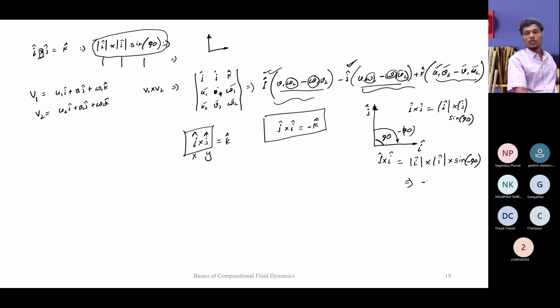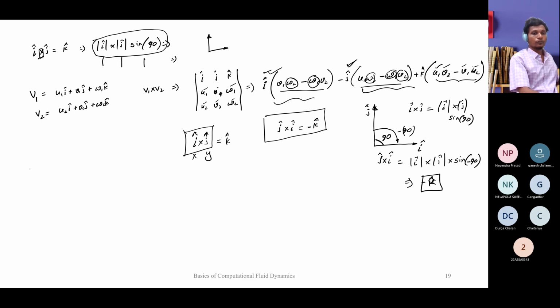So it will give you the negative k cap. So these are the key manipulations or key mathematical factors that you should be able to practice on your own to understand the in-depth importance of vector calculus, and how it plays with respect to unit vectors.